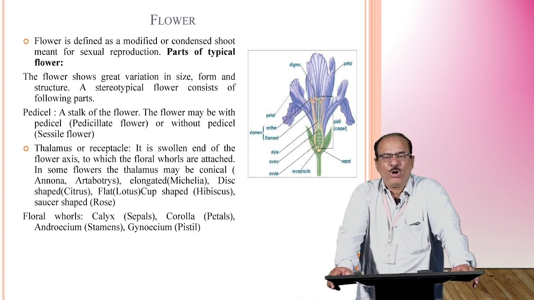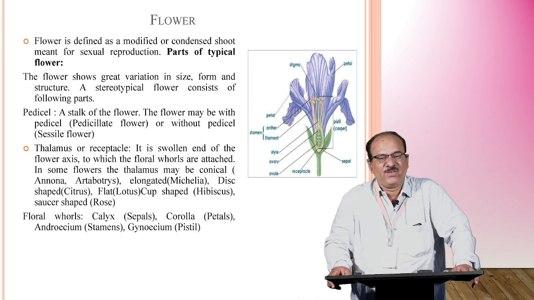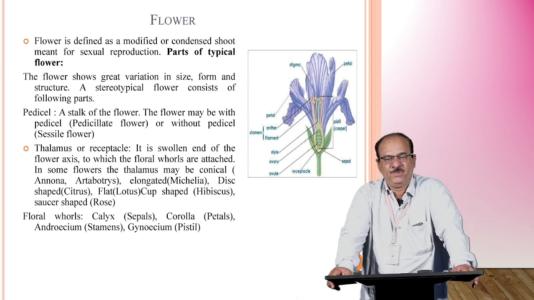At the tip of the pedicel, there is a swollen portion on which the other floral whorls are attached or inserted. This particular part is called the thalamus or receptacle. The shape of the thalamus or receptacle varies.